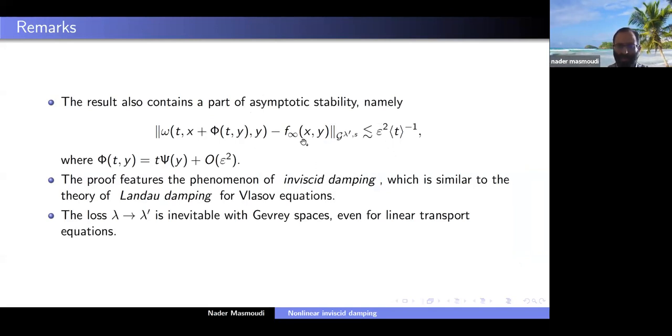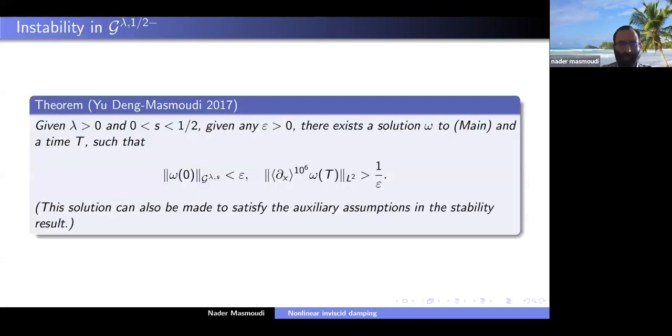Of course, this convergence has an epsilon squared, meaning that f infinity is equal to the initial data plus something of size epsilon squared. So this is really like scattering theory. Again, this is similar to the Landau damping in the Vlasov flow.